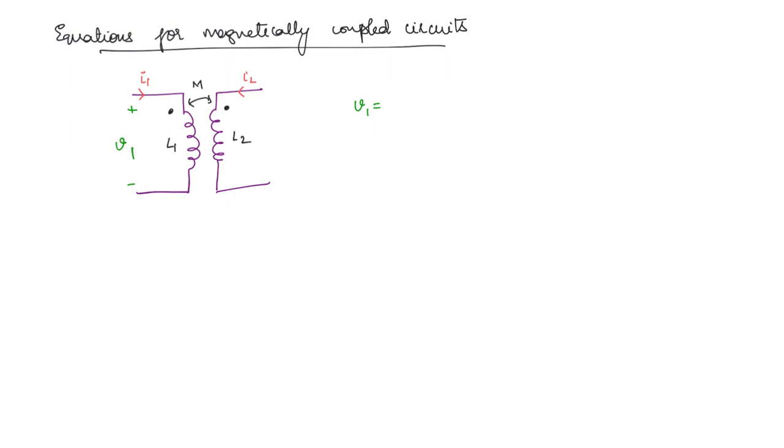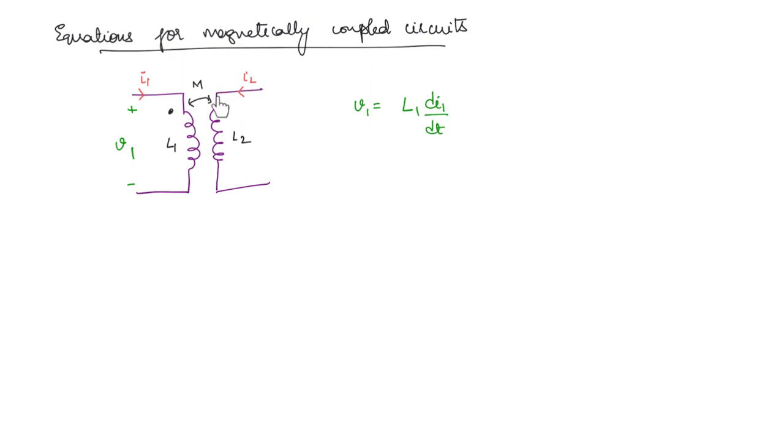Now you can see that the current is flowing into the positive terminal. For an inductor, forget about the mutual inductance. For a normal inductor, when the current is flowing into the positive polarity, what will be the polarity here? It will be positive. So L1 di1/dt. Okay, then what about the mutually induced voltage?